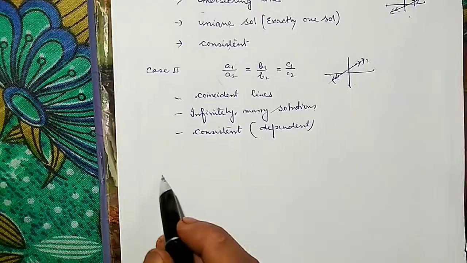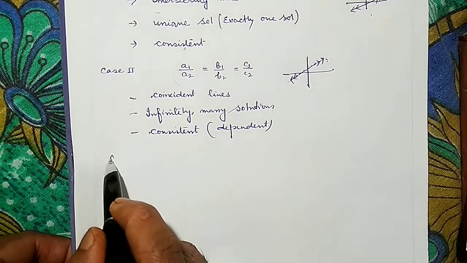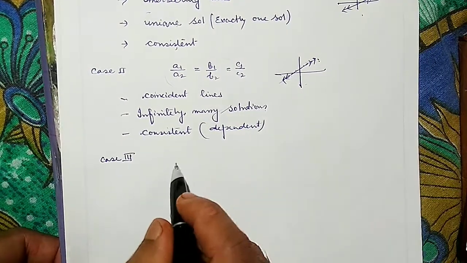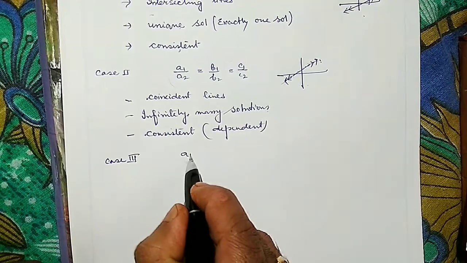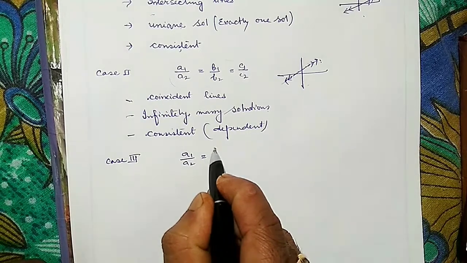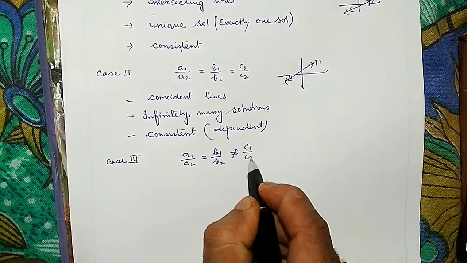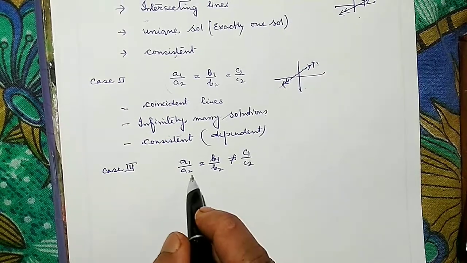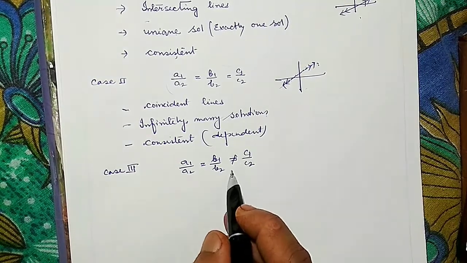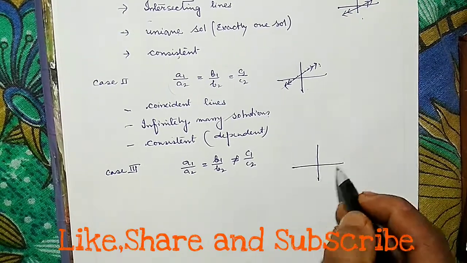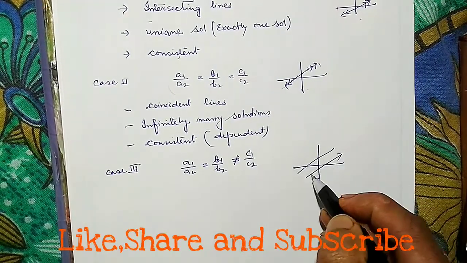And in case 3, suppose a1 by a2 equals b1 by b2 not equal to c1 by c2. If this is the case, we get a situation where lines will be parallel to each other.